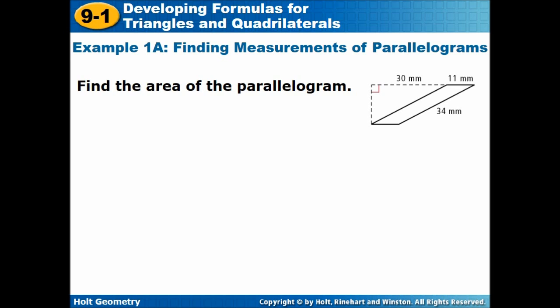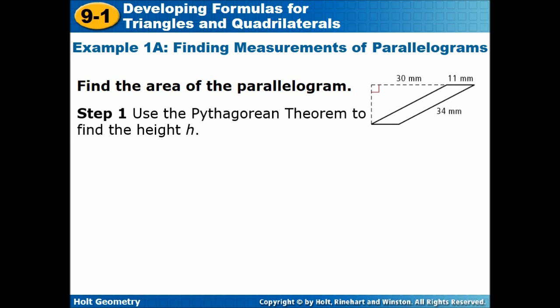Well, you have to remember that two opposite sides of the parallelogram are congruent. So that third side is 34 millimeters. They give you that one side, which we'll call side A, is 30 millimeters. We just don't know what the height is. That's going to be our B side, but we'll call it H because it's height.